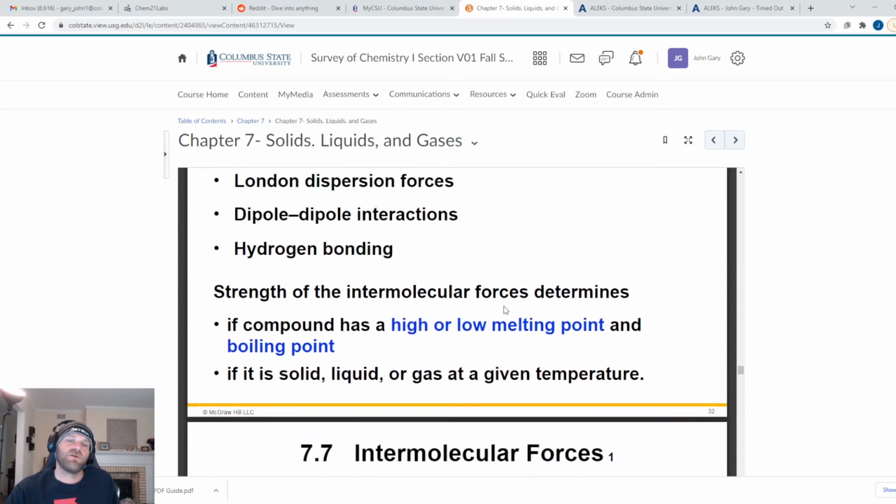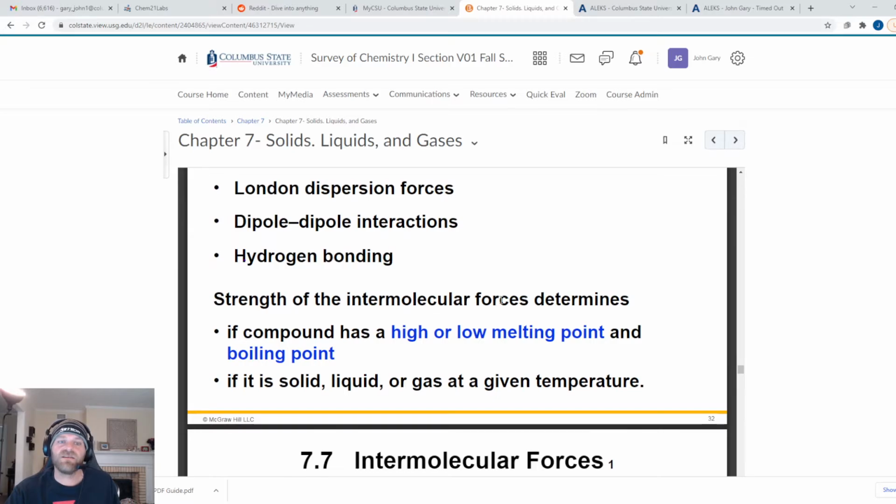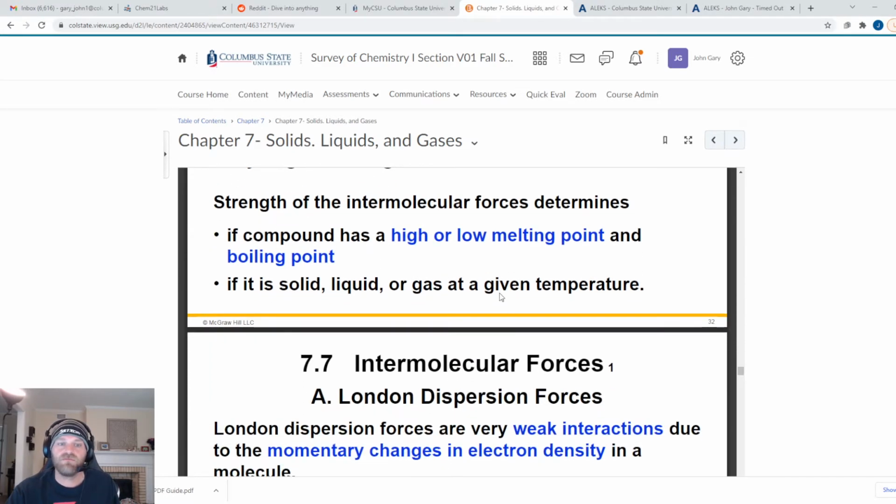Water creates a lot of hydrogen bonding, which means its boiling point is relatively high, considering other hydrocarbons like methane are always gas at room temperature. Water is a liquid because it has extra hydrogen bonding between oxygen and hydrogens.